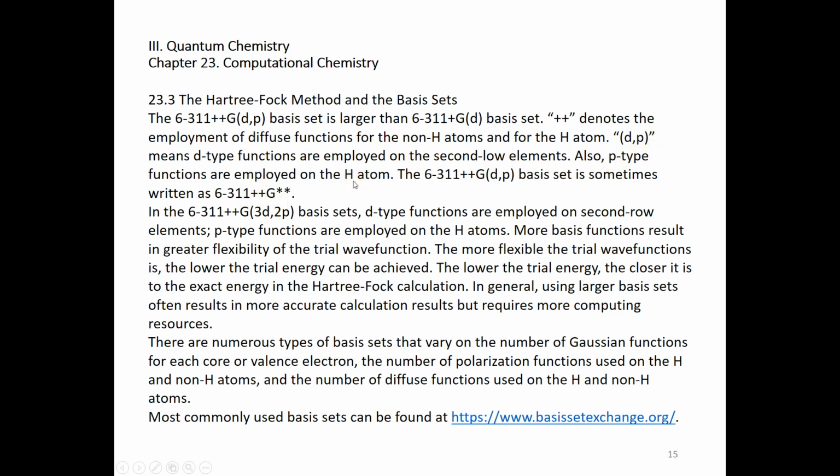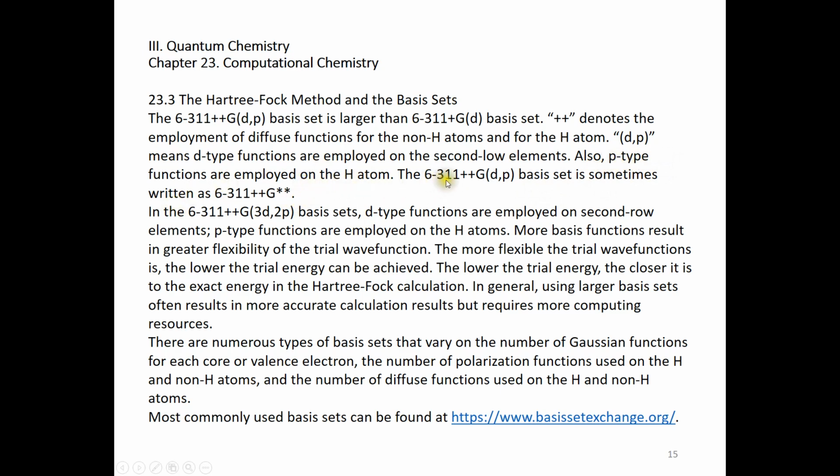We know in a hydrogen atom, supposedly this electron should be in the 1s orbital, but by adding those P-type functions, we can better describe the distortion when this 1s orbital on hydrogen atom forms a bond. So even in a hydrogen molecule, the electrons are not really like two spheres on the two hydrogen nuclei. There is some distortion that can be better described by including some p-type functions.